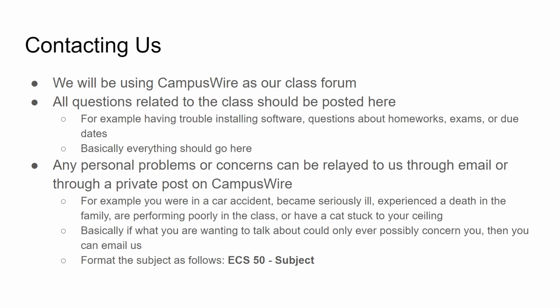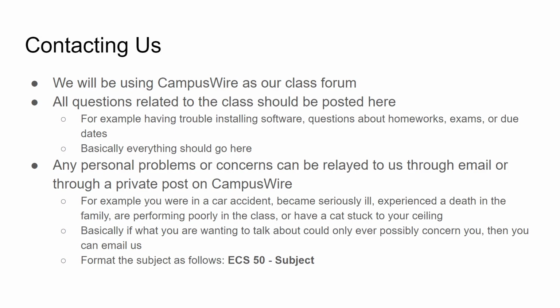We'll be using CampusWire for our class forum. Most of you should have already been enrolled unless you joined the class very recently. This is how we're going to primarily communicate with you throughout the quarter. Don't expect to see any more posts on CampusWire unless they're super important. All questions related to the class should go there, and only private matters should be direct messages to us, or private questions, or emails.